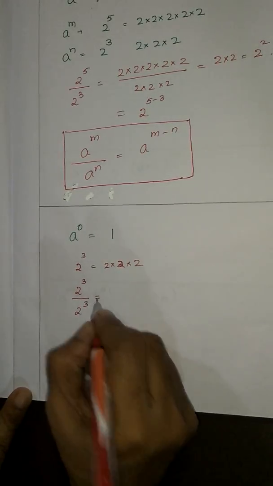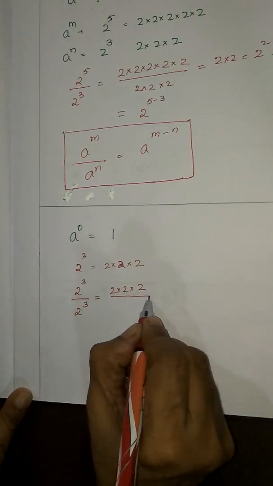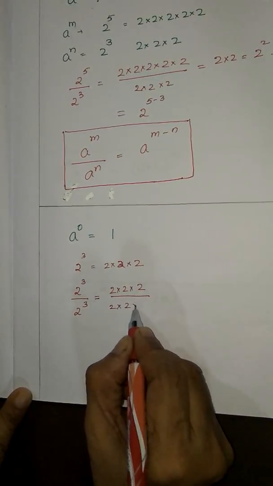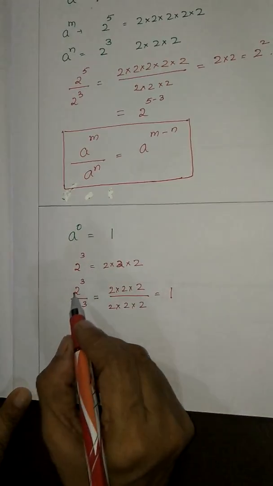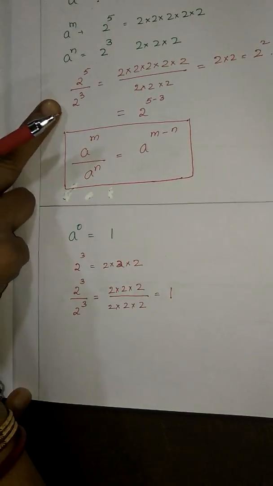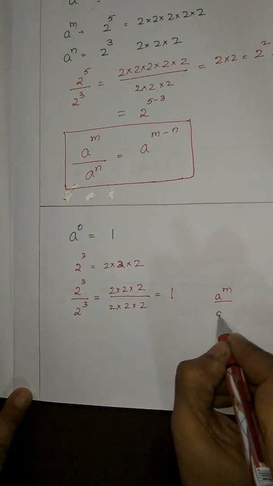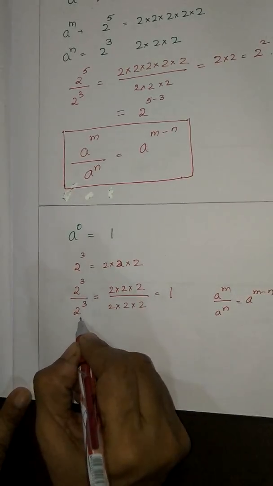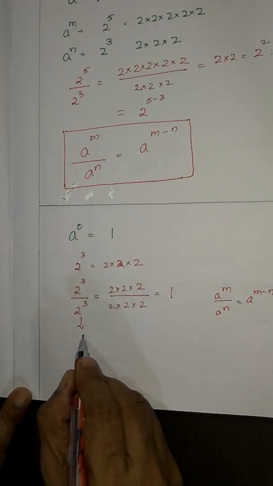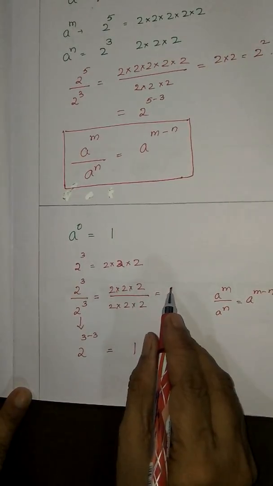So that is equal to 2 into 2 into 2 divided by again 2 into 2 into 2. So if I cut, you will get 1. When I use the previous law, a to the power of m divided by a to the power of n is equal to a to the power of m minus n, I will get 2 to the power of 3 minus 3, and I have already got that it is 1.